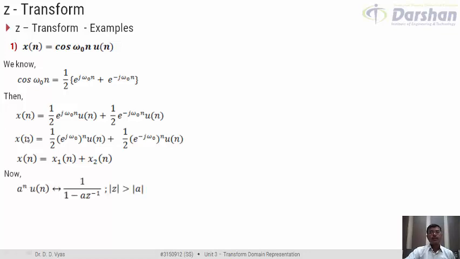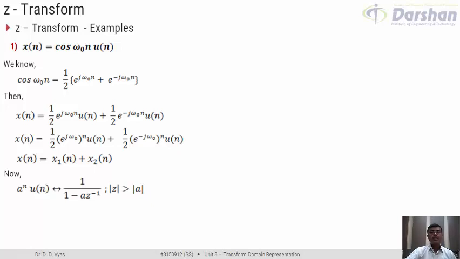Now what do we know? We know that if we have a signal a raised to power n u of n, then Z transform of it is 1 upon 1 minus a z inverse, where mod Z is greater than mod a. There actually is no restriction on the value of a. a can be a real number or a can also be a complex number.